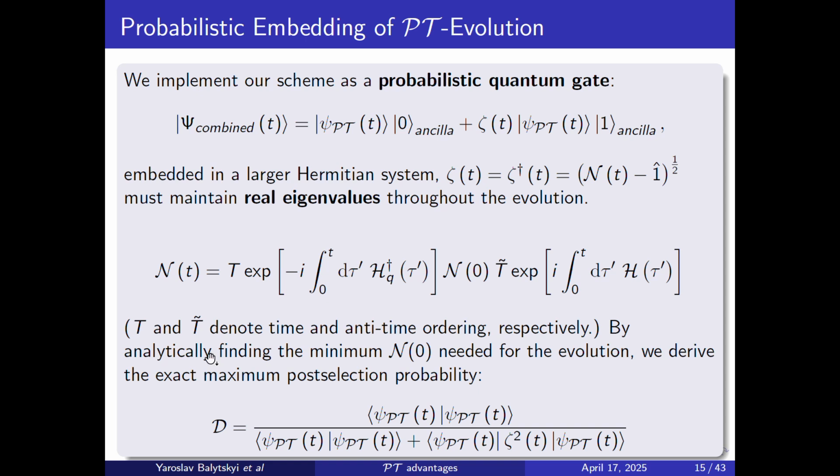Unlike previous work, we analytically found this value of n naught, because in previous work, researchers just found it numerically. And by analytically finding this n naught, we can compute the maximum post-selection probability exactly. The minimum value of n naught corresponds to the maximum value of the decisive probability because it is in the denominator, right?